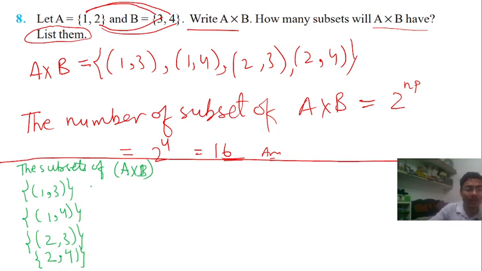So 4 we have written. How did we write these 4? We just write the single element of each set.